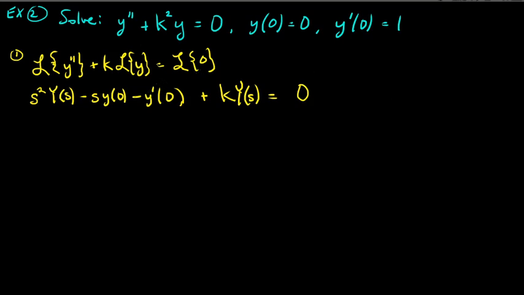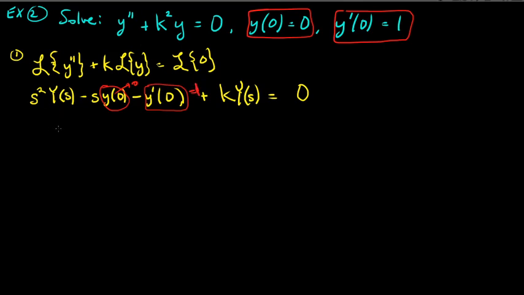All right, so plugging in the initial conditions, y of 0 is 0, so this term is 0. And y prime of 0 equals 1, so this is equal to 1 now. We get s squared times capital Y minus 1, and then plus k times, oh no, k squared, I'm sorry, k squared times capital Y equals 0.